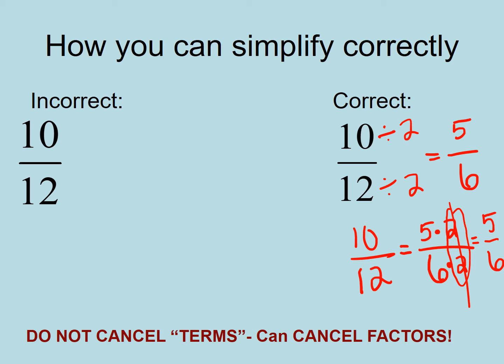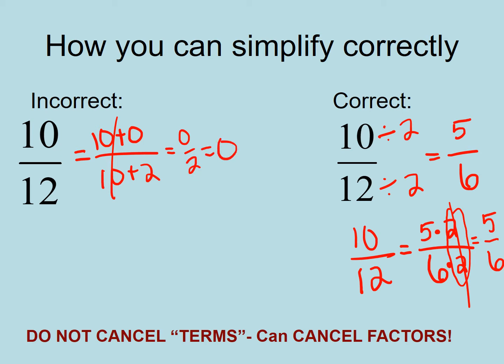So the incorrect way to do this is to try to simplify without using a factor. So we know 10 could be the same thing as 10 plus 0, and we know 12 could also be 10 plus 2, and then people want to slash the tens and say, oh, we're left with 0 over 2, which is 0.